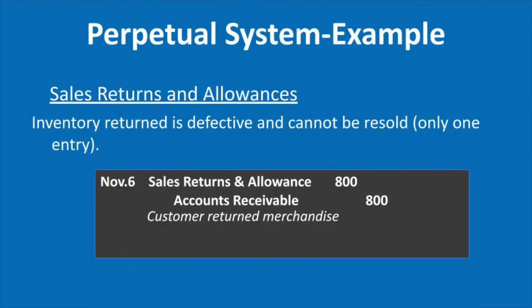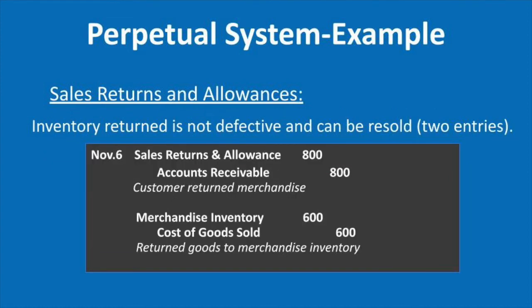If there was a sales return, so let's assume we sold something and the customer brings it back to us, we're going to debit sales returns and allowances and credit accounts receivable. So the customer returns the merchandise effectively. And our merchandise inventory, if it's still available for resale, meaning the item was good enough to put back in inventory, we would increase our merchandise inventory by debiting it and credit cost of goods sold.